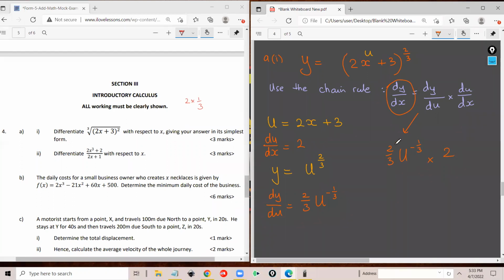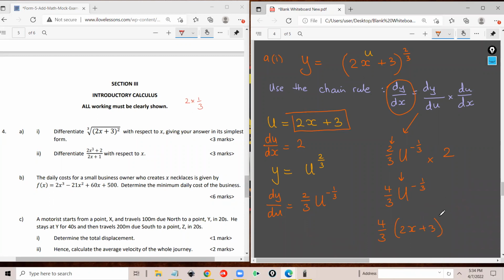So this 2 can multiply with this 2 on top. So you'll get 4/3 u to the power minus 1/3. However, we were the ones who came up with the letter u being 2x plus 3. So remember, at the end of the question, throw away the u now and replace it with 2x plus 3.